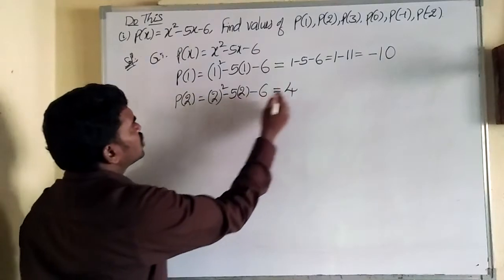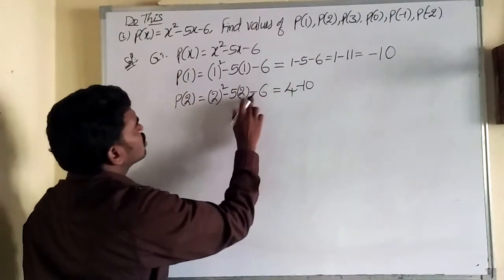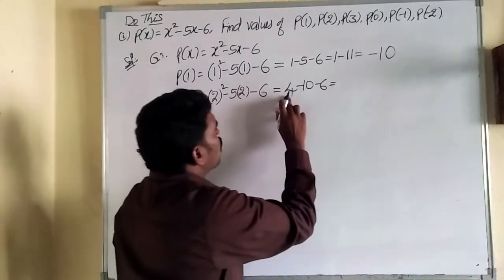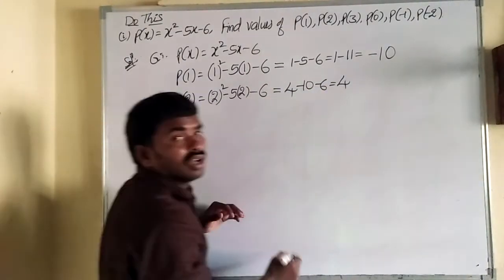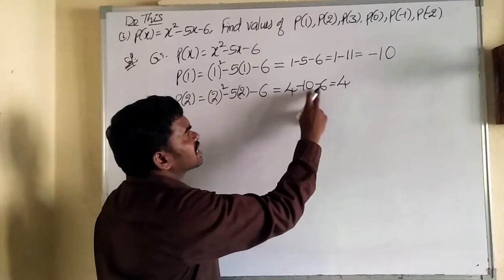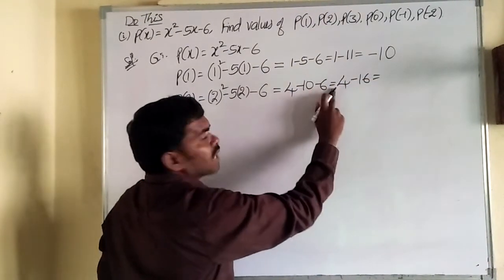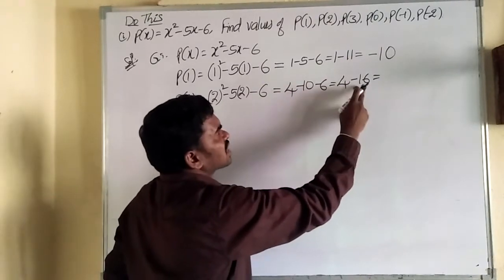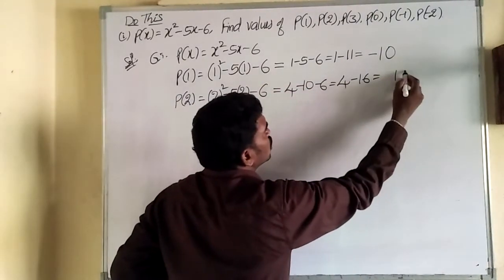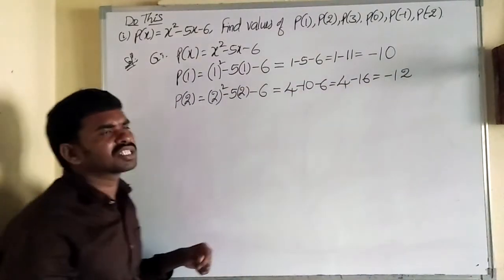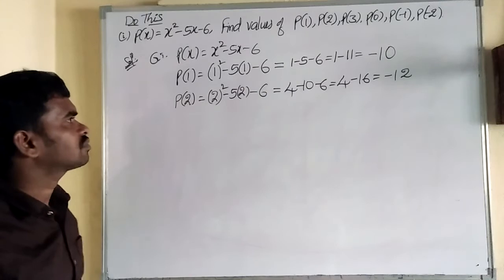Minus 5 into 2, minus 10. Next minus 6. In the same way, the positive term is only plus 4. Here negative terms 10 and 6, total negative terms 16. One is plus, one is minus, so subtract: 16 minus 4 is 12. Negative terms are more, so the answer is minus 12.